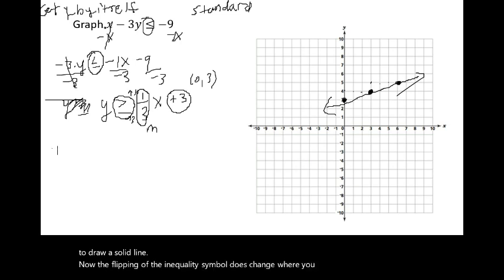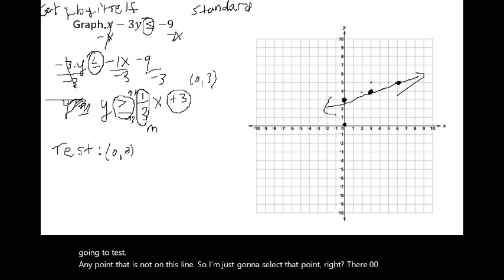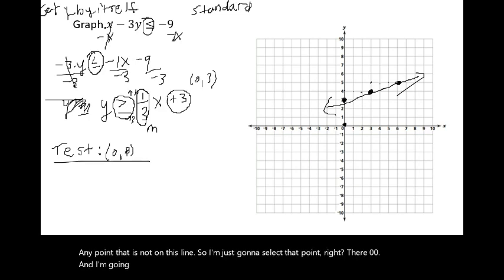So we are going to test any point that is not on this line. So I'm just going to select that point right there, 0, 0, and test to see whether this is a solution to my inequality. I'm going to go from here where y is by itself after I flip the inequality symbol.